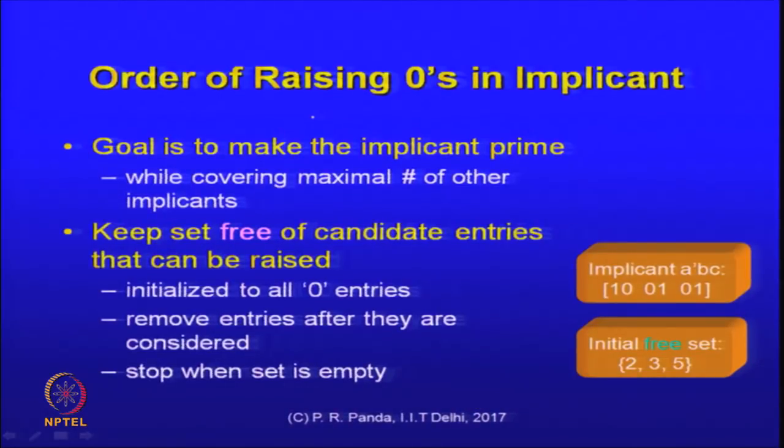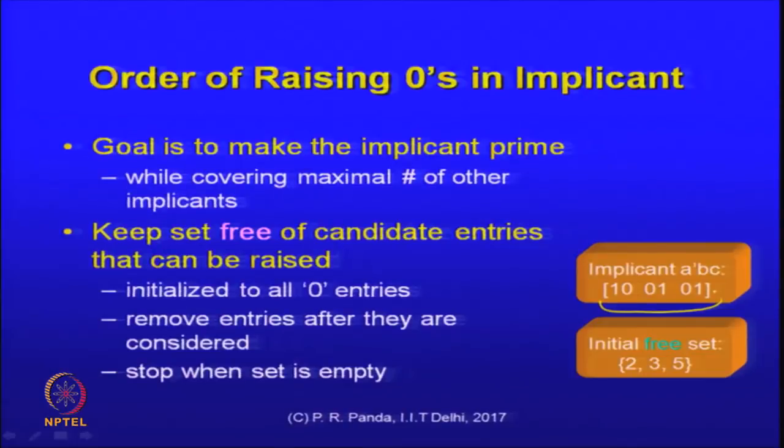Second would be the order of raising the zeros in an implicant. The goal of course is to make that implicant prime, but just because there are many zeros in our implicant, it does not mean that we can raise all of those zeros to 1. So, some subset has to be chosen and the number of subsets of course is large.